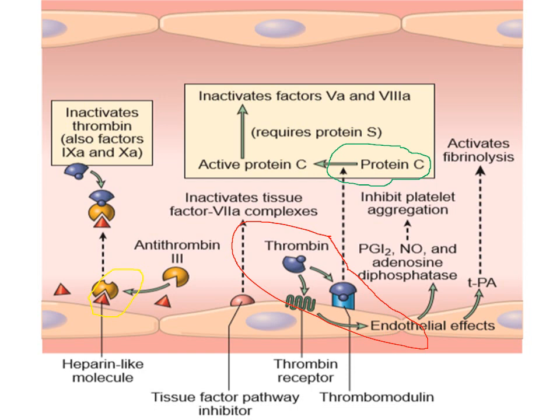So this is the same picture that was shown in the previous slide, and it denotes three very important factors that are encircled. First of all is the function of thrombomodulin. This thrombomodulin binds to thrombin and results in its inactivation.